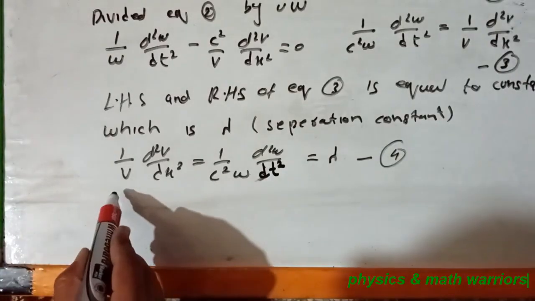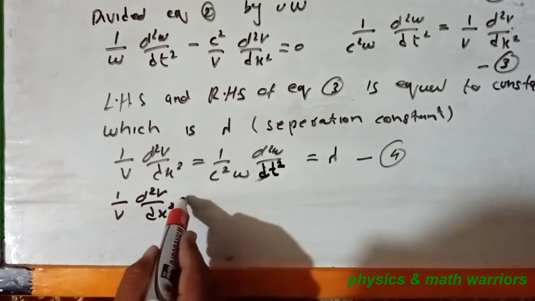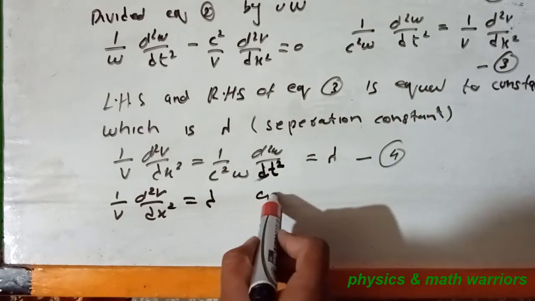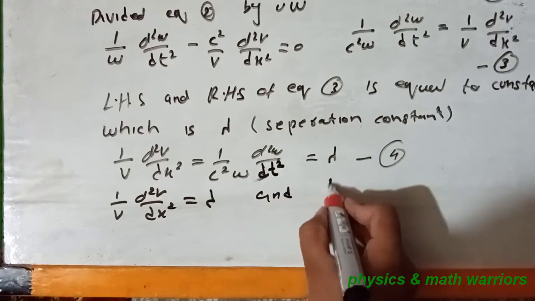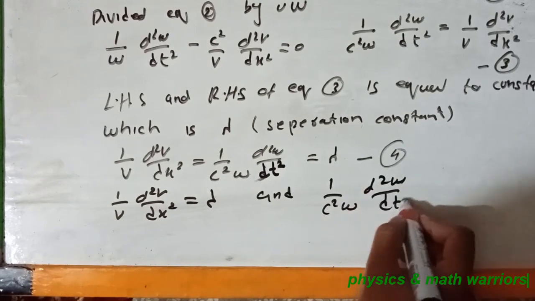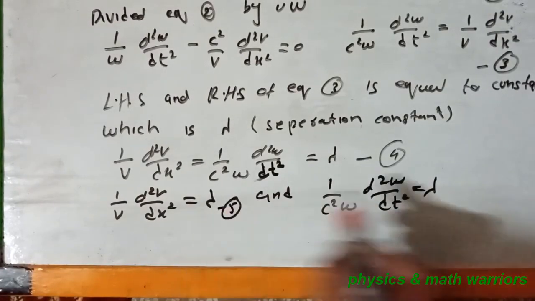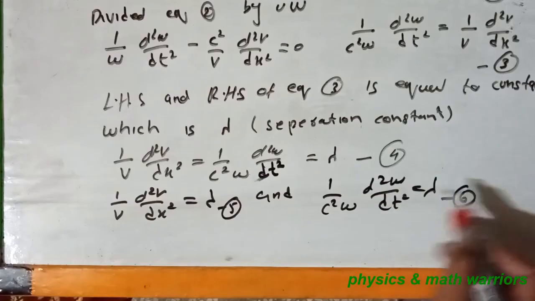Equation 4 implies 1 over v d square v over dx square is equal to lambda, and 1 over c square omega d square omega over dt square is equal to lambda. This is equation number 5, and this is equation number 6.